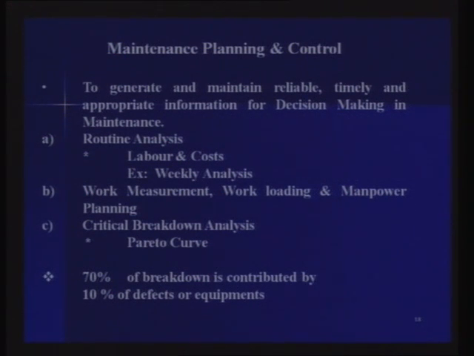First we should have the past record. The past record should be converted into a histogram. From the histogram we should draw the Pareto curve. So the Pareto curve will definitely show that 70 or 80% of the breakdowns are contributed by 10% of the defects of the equipment.